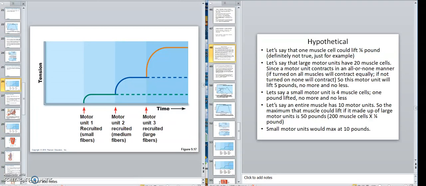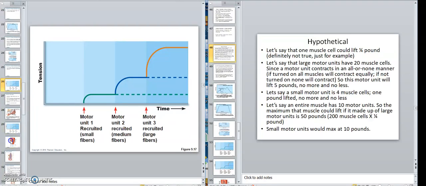Just 5. In other words, 5, then you increase another one, 10, then you increase another one. So using my hypothetical, you can see what I'm talking about. So that's what we call recruitment. That's what we call spatial summation.